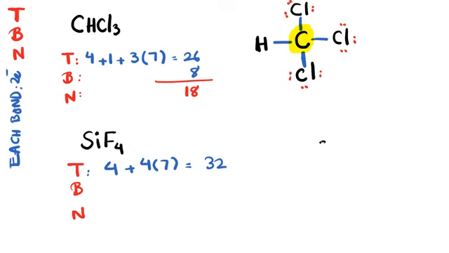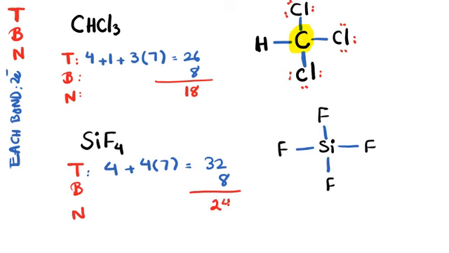Then I'm going to write Si and 4 fluorine atoms here. I'm going to make a connection between the central atom and each terminal atom, like this. 2, 4, 6, 8. 8 valence electrons are already used, so I'm going to add only 24 valence electrons as non-bonding electrons to this compound.